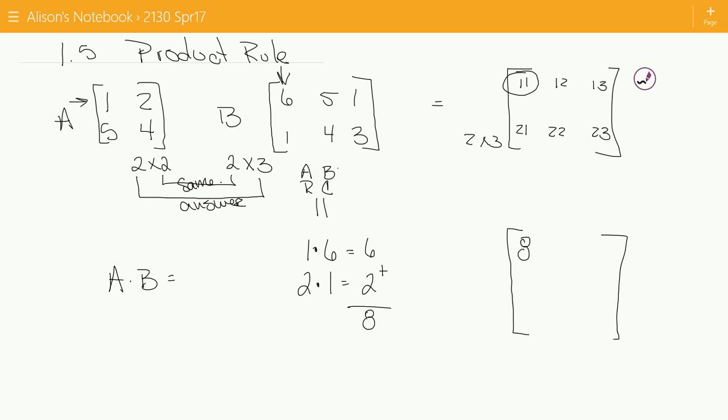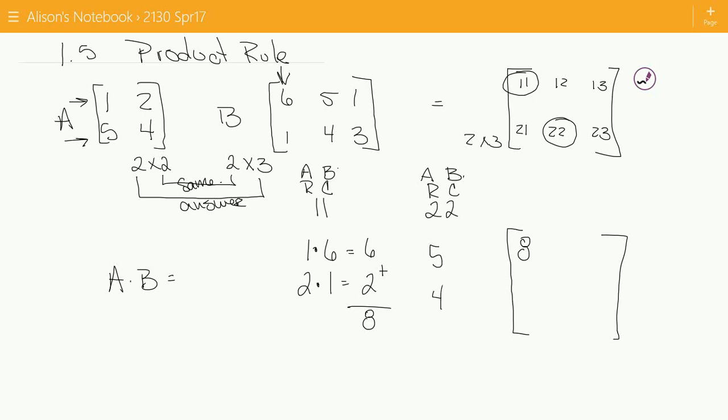All right, so let's randomly try another one. How about 2, 2? We're trying to find 2, 2. So the first value is the row, the second value is the column. We always start with the first matrix that I'm multiplying. So now I'm going to try to find row 2 on A. Well, there is row 2. Let me write it here, 5, 4.